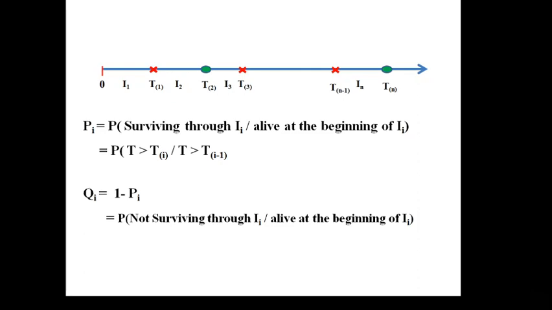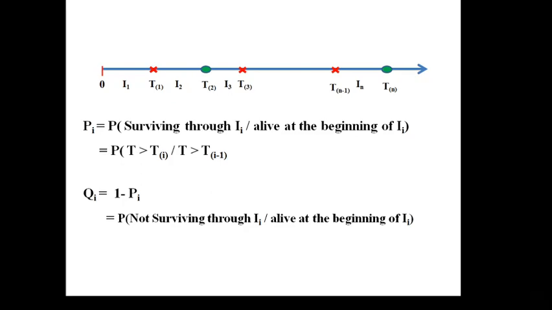So once you enter that specific ith interval, what are the chances of getting through that interval I? So Pi will be the probability that T will be greater than T bracketed I. T greater than T bracketed I means that the unit has survived beyond the ith interval.